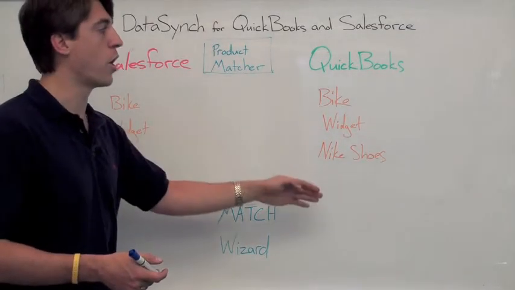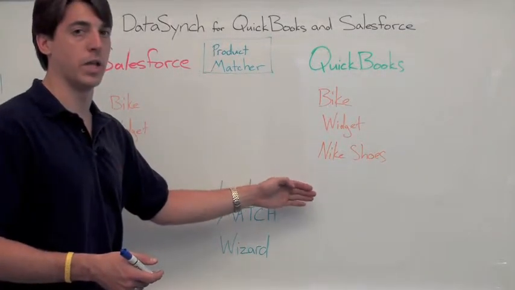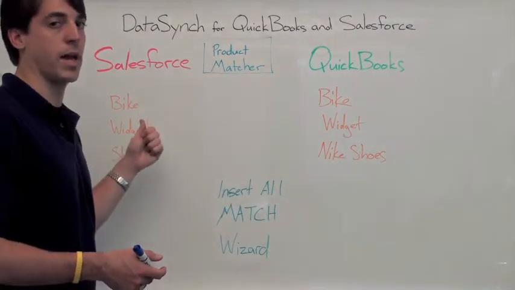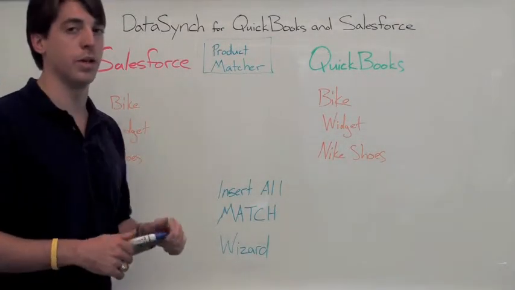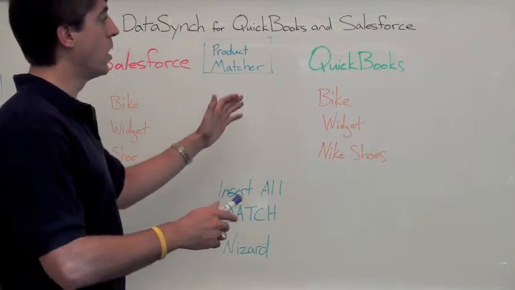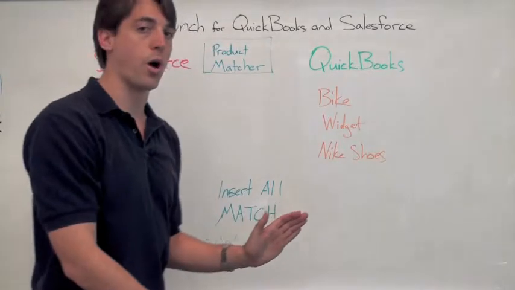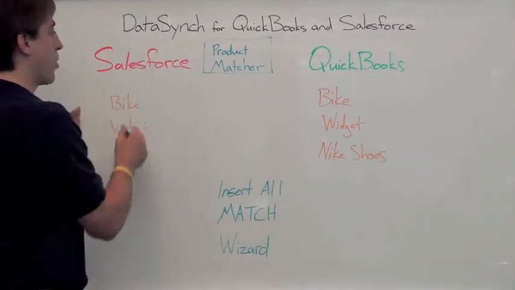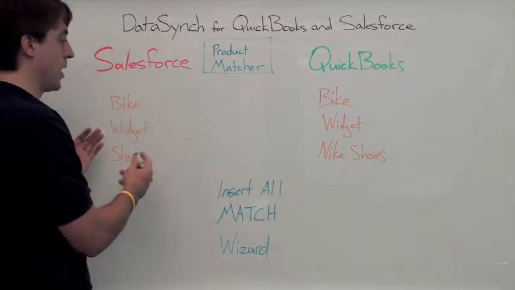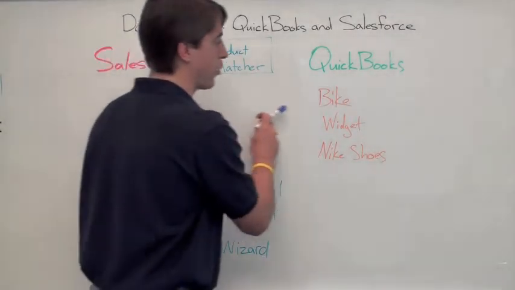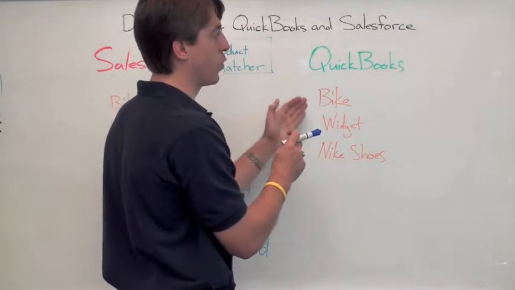So if you have a new product being released, you're going to want to put it into QuickBooks and then run the product matcher to bring it into Salesforce. So you know, QuickBooks is the master for products. You cannot enter a product into Salesforce, let's say bicycle, and then run the product matcher and have it create bicycle in QuickBooks.